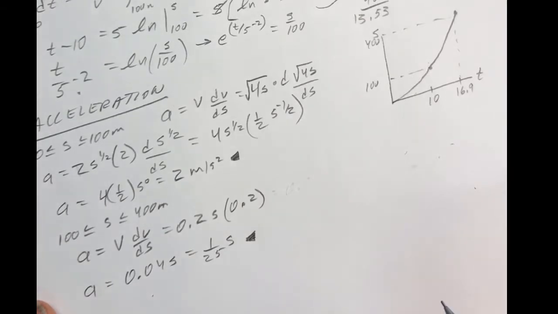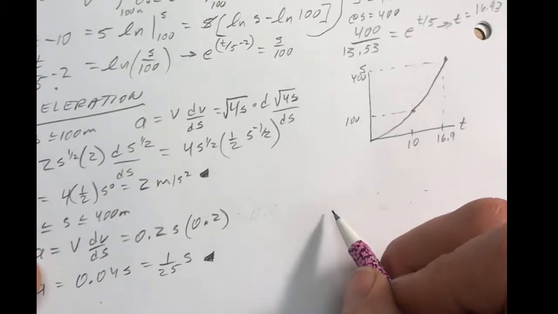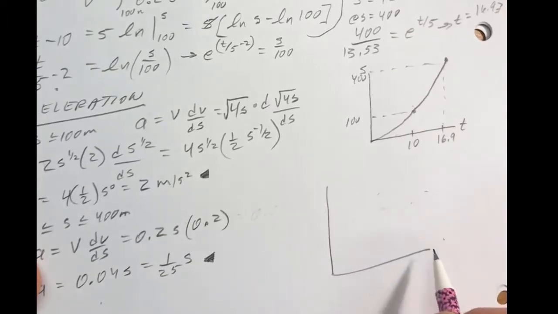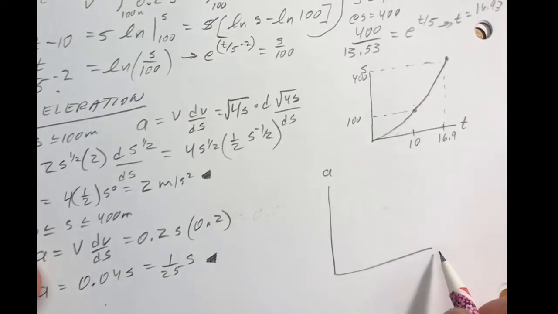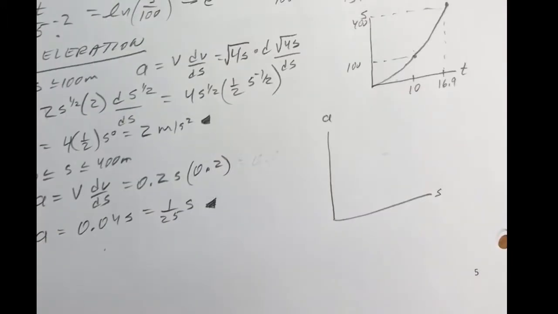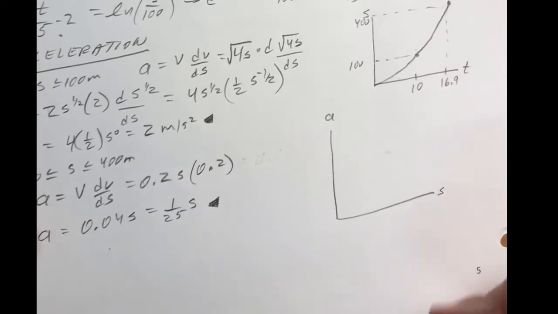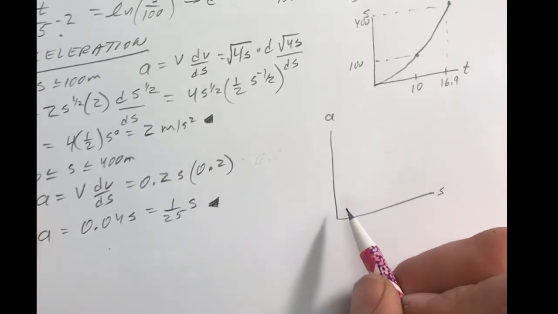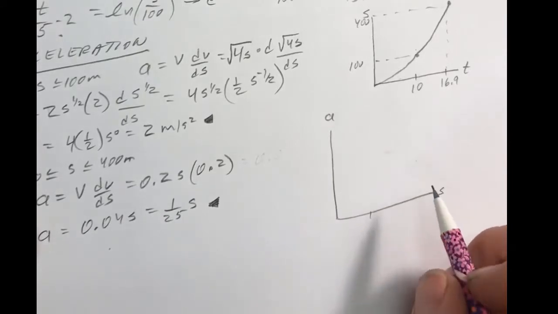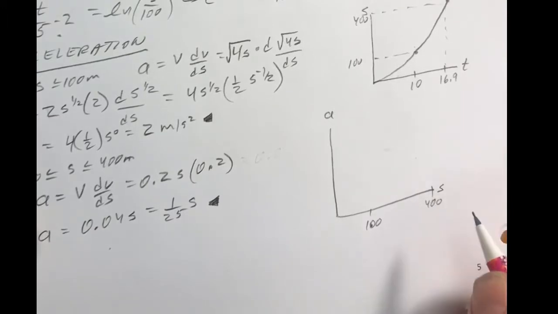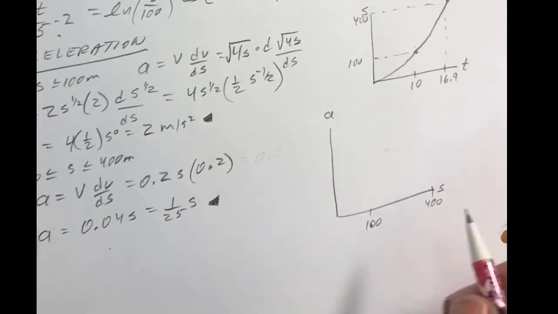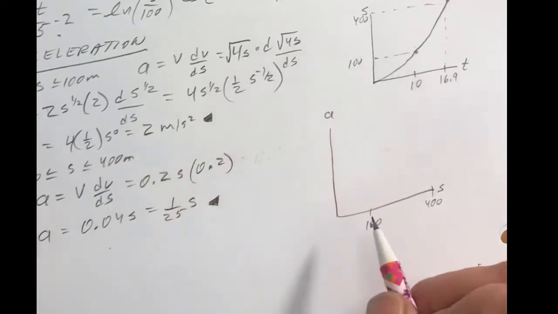So let's see if we can graph this. We need to graph A versus S. Okay, that's a little bit more straightforward maybe than A versus T, but we can work through that. It starts out at s equals 100, s equals 400. And a starts out at 2 meters per second squared.